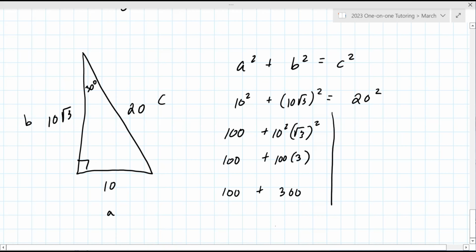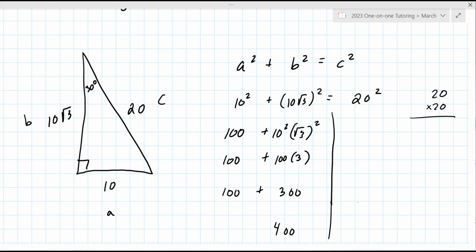What is 20 squared? 20 squared is 2,000 or try again. 1,000. Try again. 20 times 20. Oh, 200. Hold on, give me a minute to write this out on paper. Yeah, please do. 20 times 20 is 400.